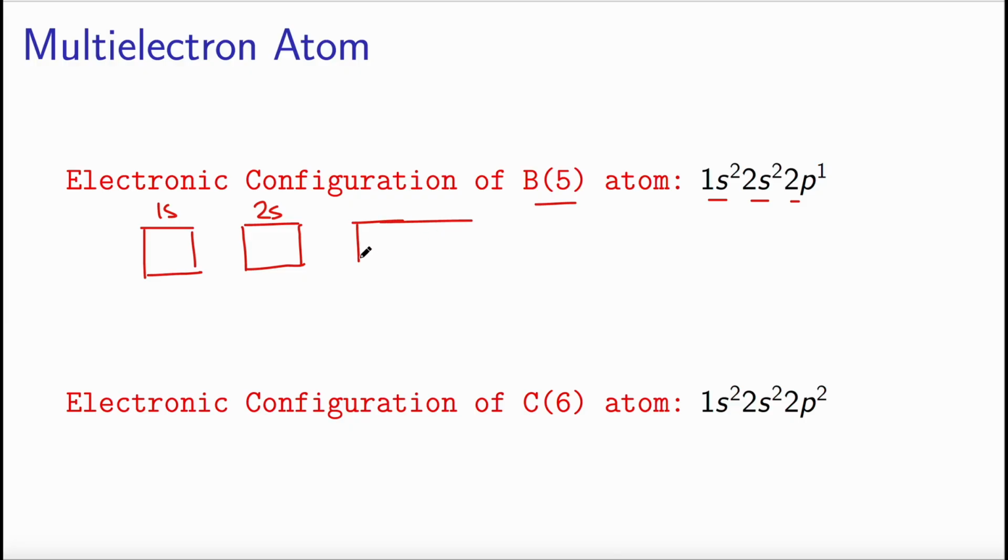You remember in the 2p sublevel there are 3 orbitals. In this 2p subshell there are 3 orbitals.